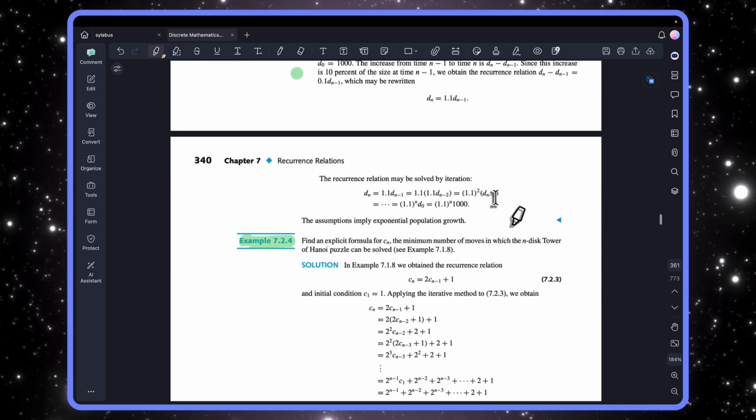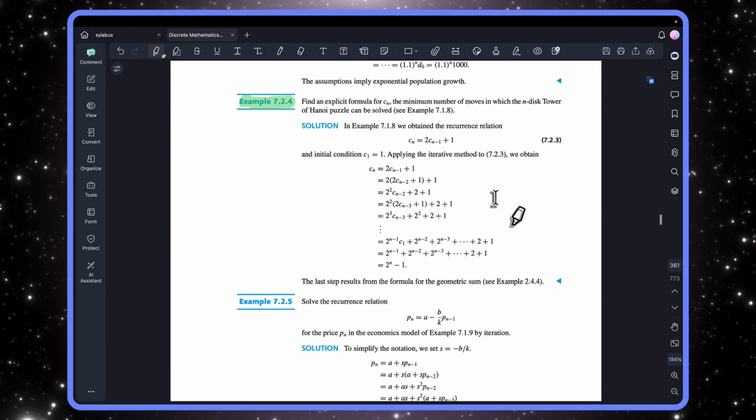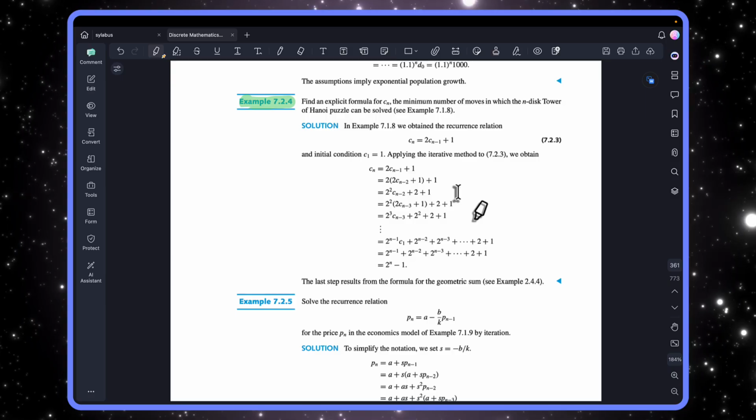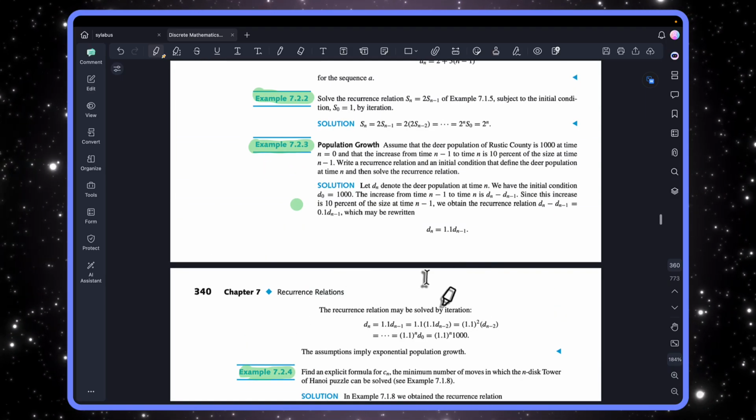These examples are pretty straightforward. Let's take a look at this example. These we've already done; I mentioned this last time.